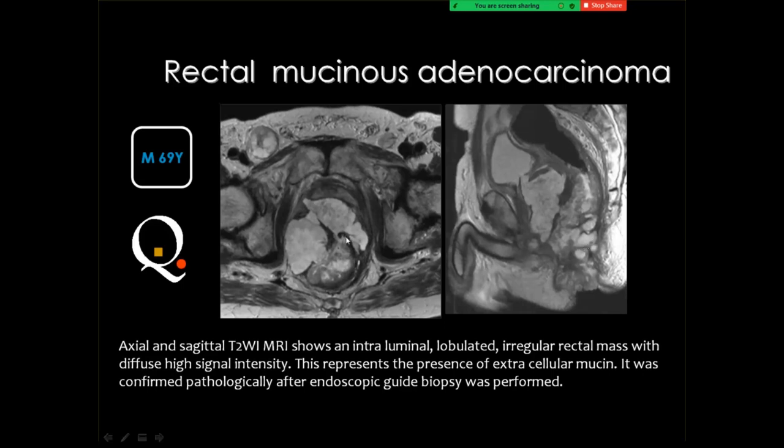This will not make so much a difference in the management, but it is better to say that, especially in the exam, whenever you see a mass in the rectum that is significantly bright in the T2 weighted images, you think of the mucinous type of the adenocarcinoma.